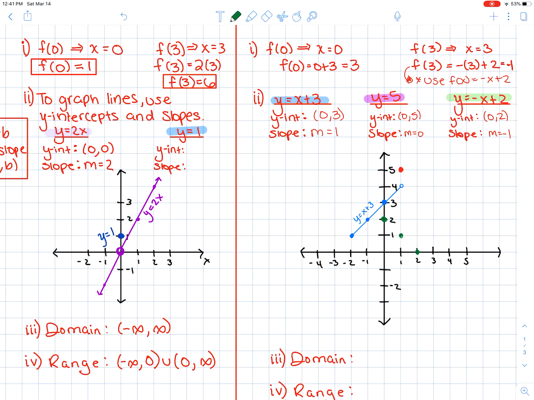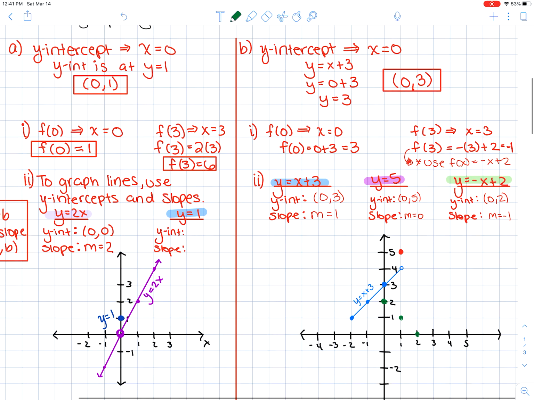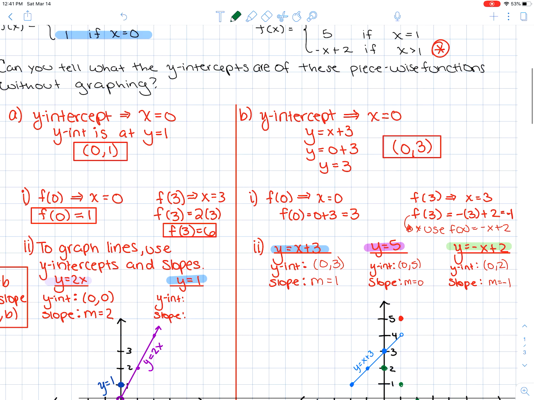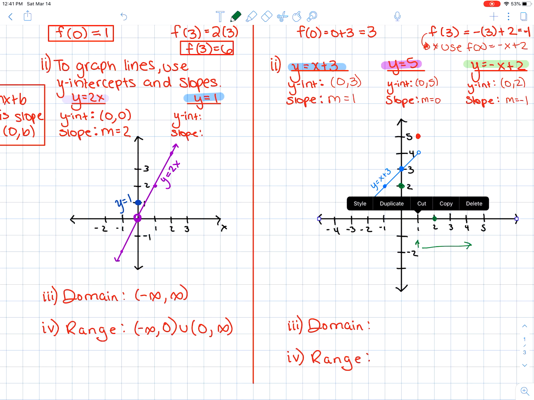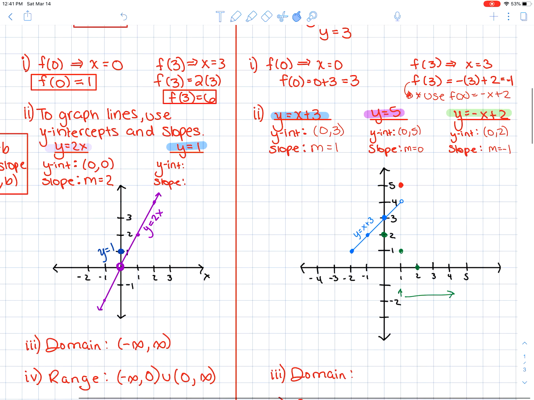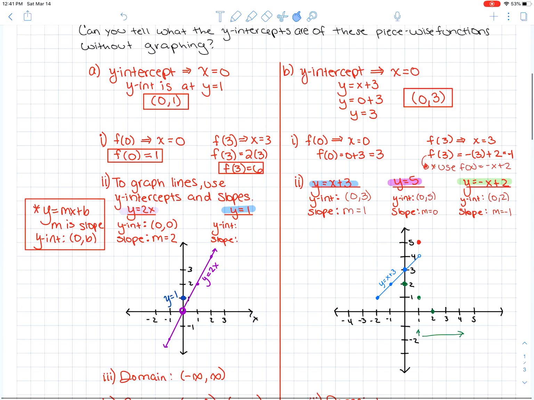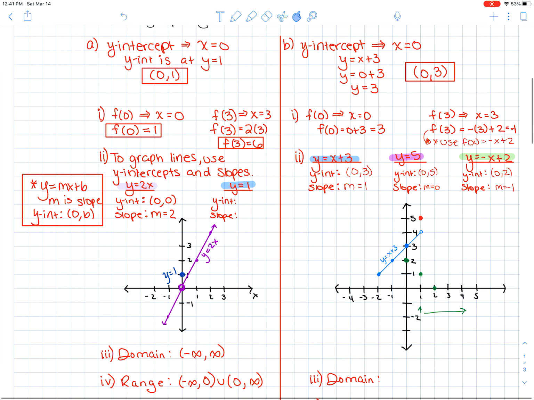I'm not going to draw the line this time because I want to check the interval before I actually draw it. Okay, so we can only graph x greater than 1. So here's 1, and we're going to graph this way. And I believe that 1 was excluded, if I remember correctly. Let me see. Yes. So we don't want to include 1.